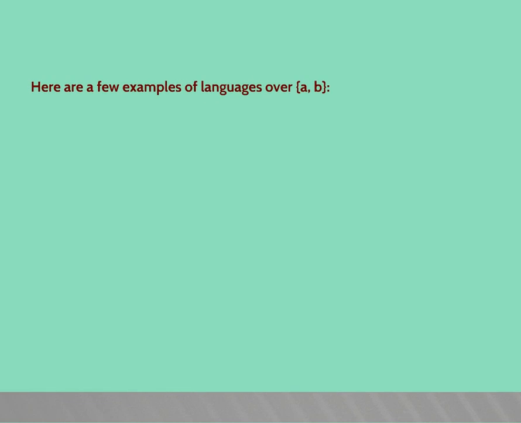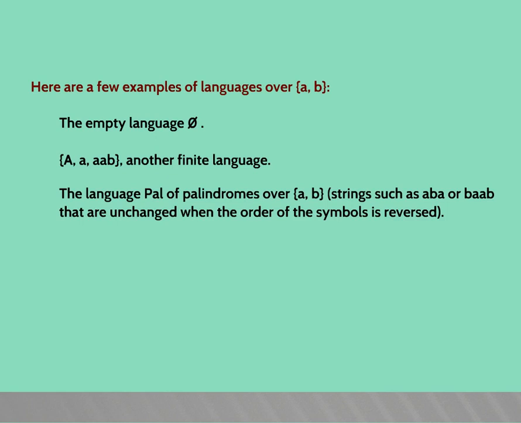Here are a few examples of languages over {a, b}. The empty language. A finite language such as {a, aab}. The language Pal of palindromes over {a, b}, that is strings such as aba or baab that are unchanged when the order of the symbols is reversed.